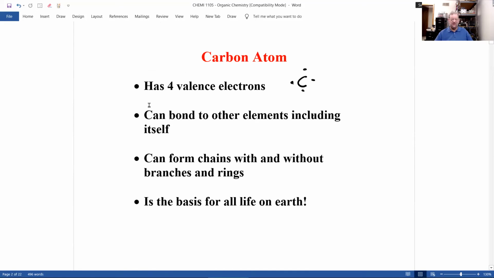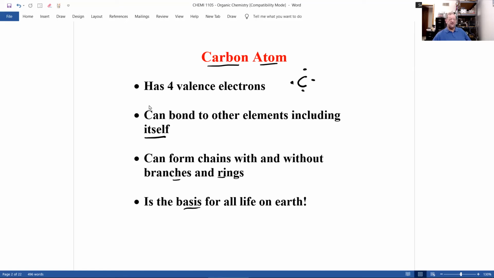And because of this, and this is the amazing part about carbon and why it's my favorite element on the periodic table, well, I'm an organic chemist, it can bond to other elements, and this is important, including itself. It can form long chains with and without branches or rings.